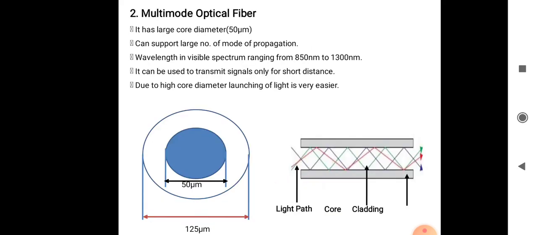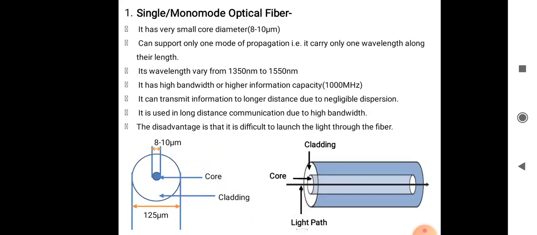Now the second type, based on the mode of propagation, is multimode optical fiber. According to the name, multi means more than one. This type of fiber has a large core diameter. If we see this first figure, the core diameter is around 50 micron.